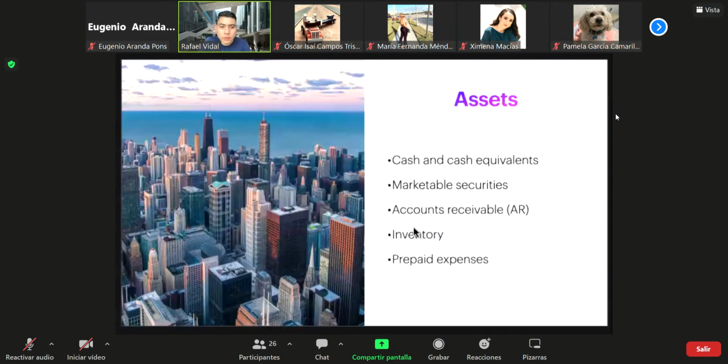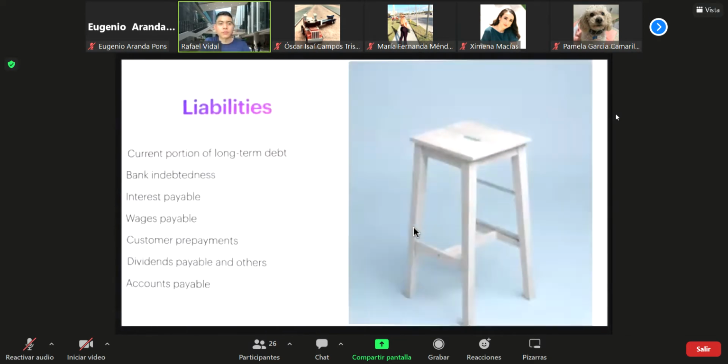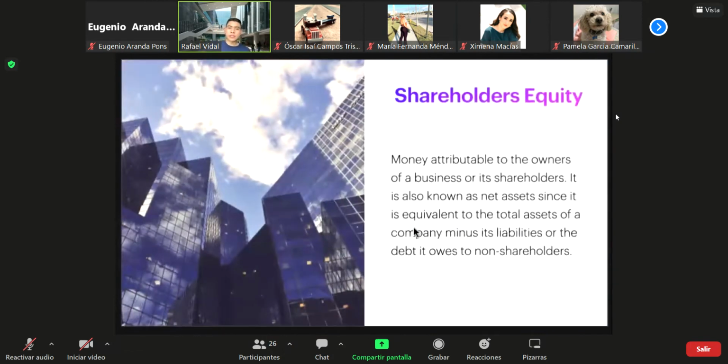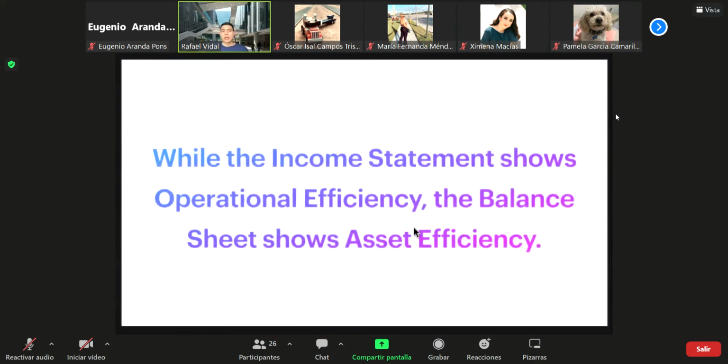I was about to show you, oh no, never mind. So this is important. The income statement gives us information about the operational efficiency, and the balance sheet shows asset efficiency.